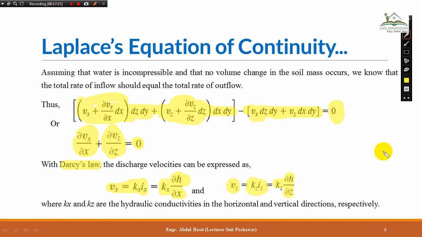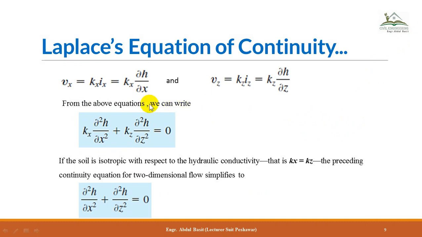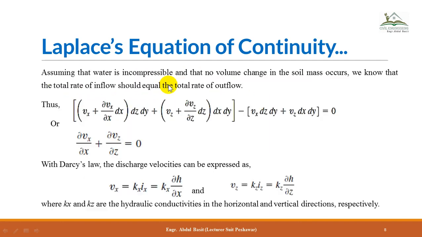Now talking about this phenomenon, this velocity is equal to this expression. Again I have written the same equation. Now putting these values in the previous equation, the change in velocity with respect to the x direction and with respect to the z direction, putting this vx over here and this vz over here.